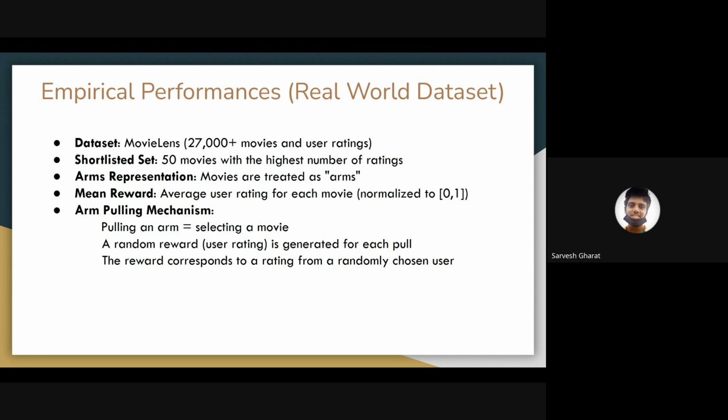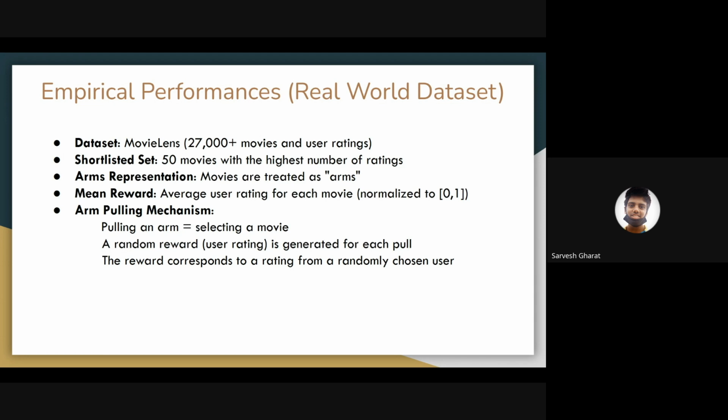In the data set, the movies are rated on a scale of 0 to 5, so we normalize it by dividing by 5 to map it to our setting. Pulling an arm is just selecting a movie: you select a movie, ask a user to rate it, and that's your reward.